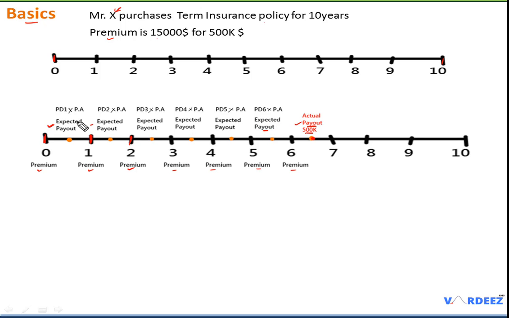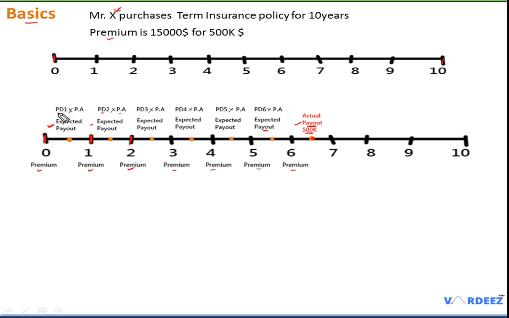So we have a formula for that: probability of death in year 1 multiplied by the policy amount, which in our example is $500,000. For the second year we have probability of death in year 2 multiplied by the policy amount. For the third year, probability of death in year 3 multiplied by the policy amount. So on and so forth, they will calculate their expected payout.